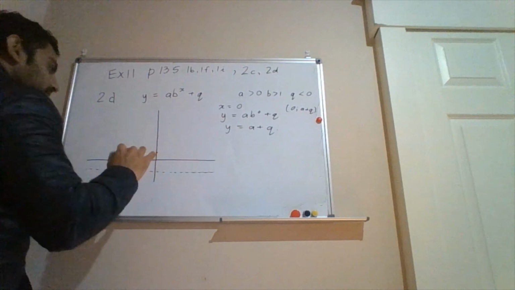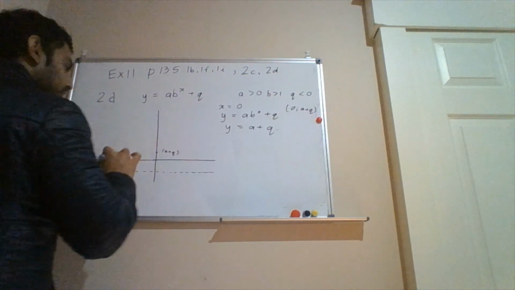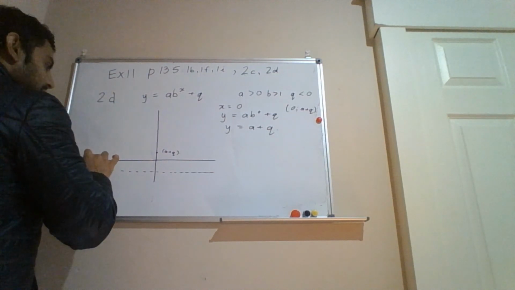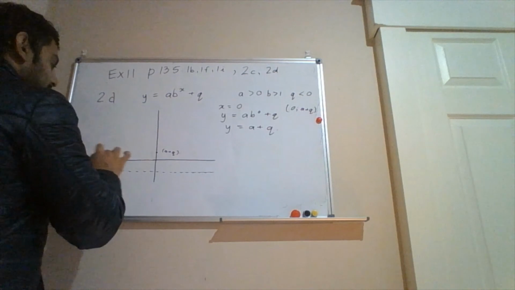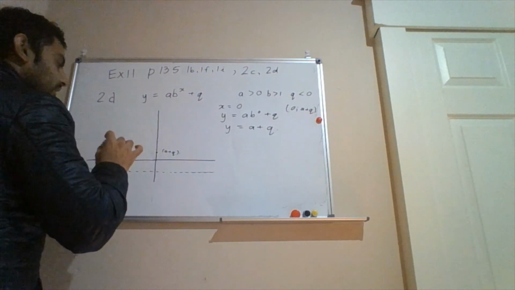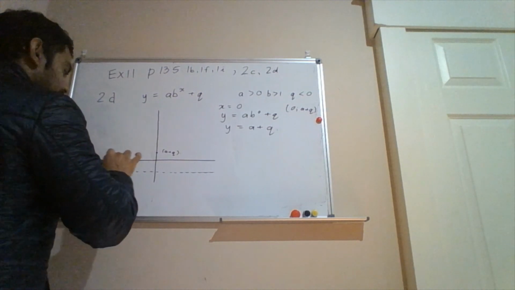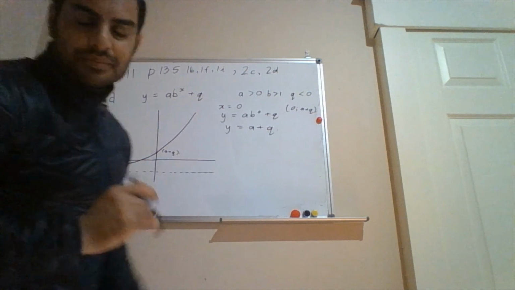So this value here is a plus q for the y. And now we have everything we need. We can't really talk too much about any x-intercepts because there's too little information. So roughly the shape of our graph should go like this.